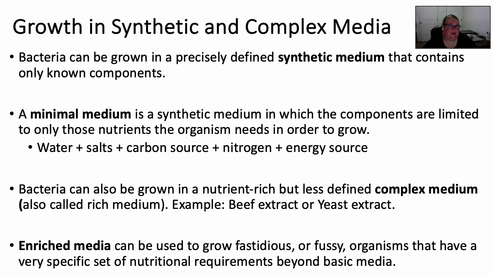So if we use a synthetic medium, bacteria are going to be grown on a petri dish that has been made of an agar that we know exactly what that agar contains. Okay, it's only known components. We know how much salt, we know how much gelatin, we know everything that's in it. Okay, so it's precisely defined. This is what we mean by a synthetic medium.